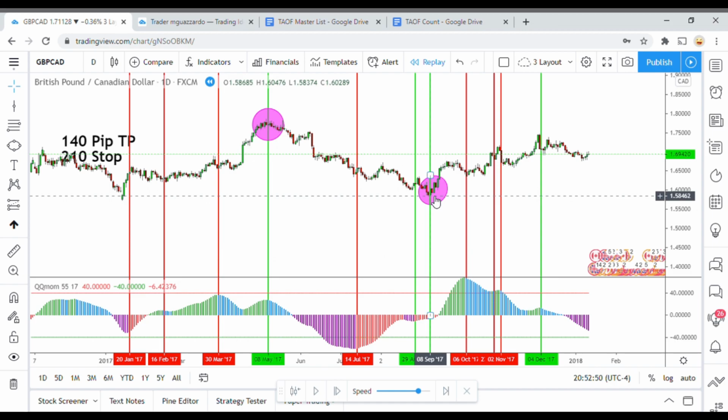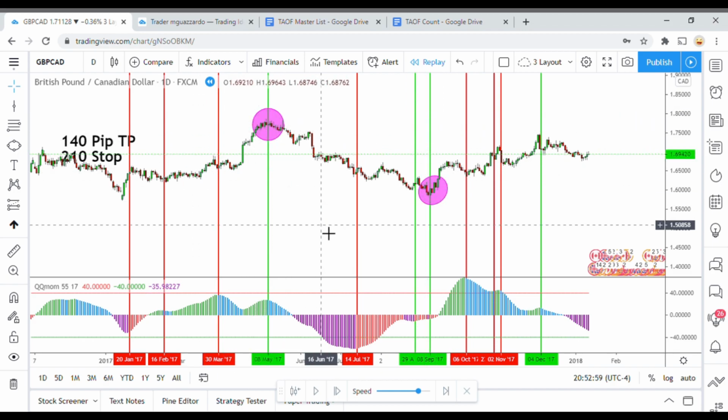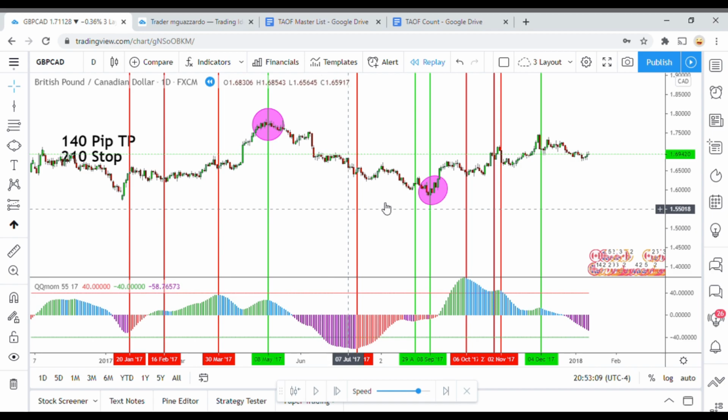Those are interesting because it definitely seemed like it was able to call the exact reversal point on those pretty significant moves there. And so I would be interested to see if there was a way to isolate that out a little bit, figure out what exactly it did.